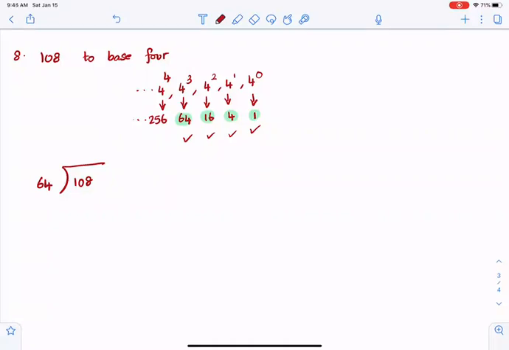64 times 2 is 128. So I have to put 1 there because the dividend is 108. So 64 times 1 is 64. And I'd like to subtract like we always do, which gives me 44.